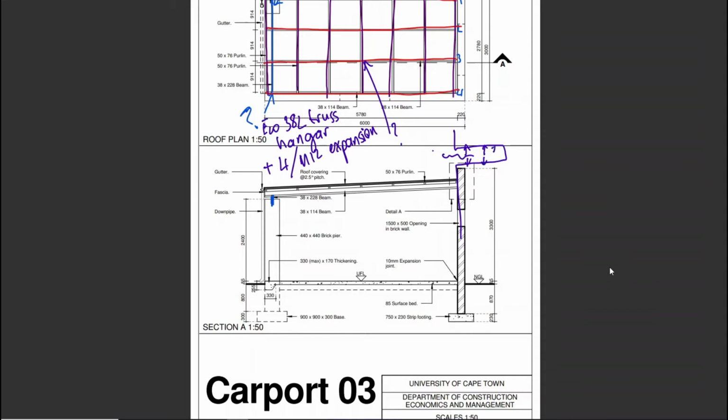And what usually happens is you have some sort of threaded item here. As you twist this threaded item, you're going to twist the head. The threaded item is going to start expanding the sleeve that it's in and apply an outward force onto the brickwork.